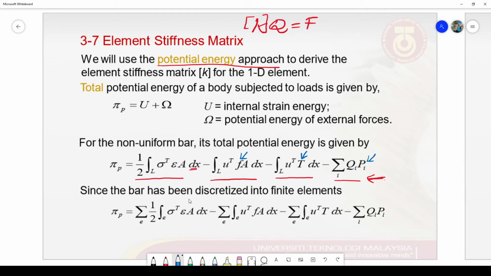And since the bar has been discretized into finite elements, we will solve each of these terms discretely. That means we are going to solve this according to small elements.